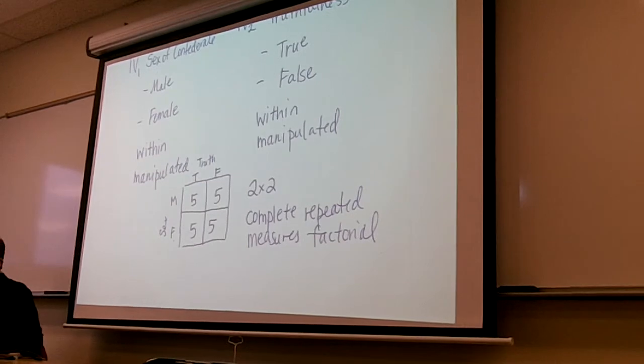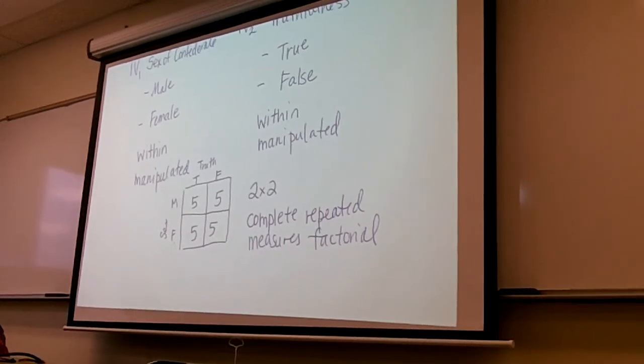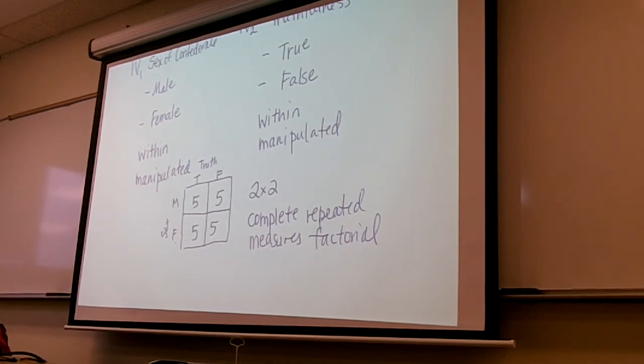When you're trying to decide whether it's a manipulated variable or a subject variable, you have to think, is this an inherent quality of the subjects that they came into the study with, or is this something that the researchers can randomize? If the researchers can randomize it, do random assignment, or randomize the order of presentation, then you're talking about a manipulated variable. If they can't, then it's probably a subject variable, unless it's time, in which case it's a freaky variable of its time.